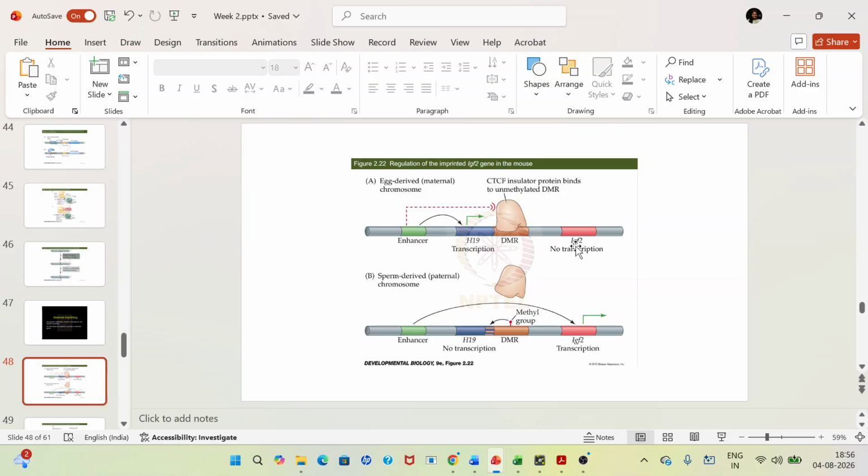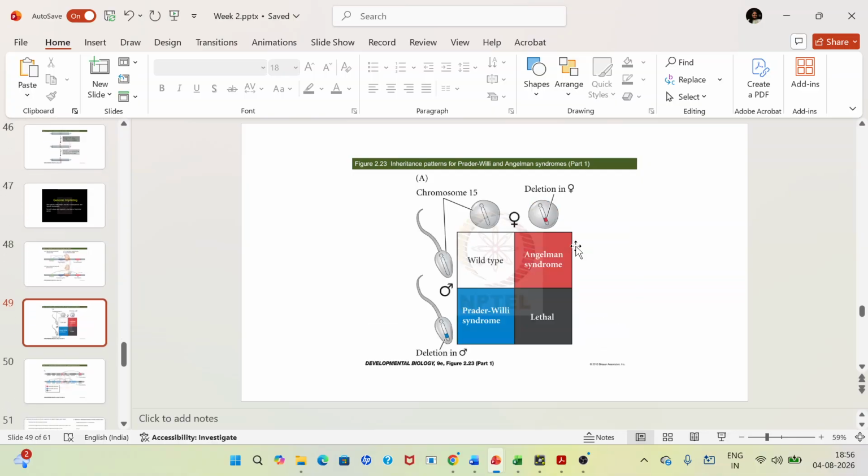While in case of the paternal chromosome, if we see, the paternal chromosome has this methylated because they have a single X chromosome. So in that case it won't be methylated, so the expression will be there and it won't be insulated from the expression. For example, Prader-Willi syndrome and Angelman syndrome.